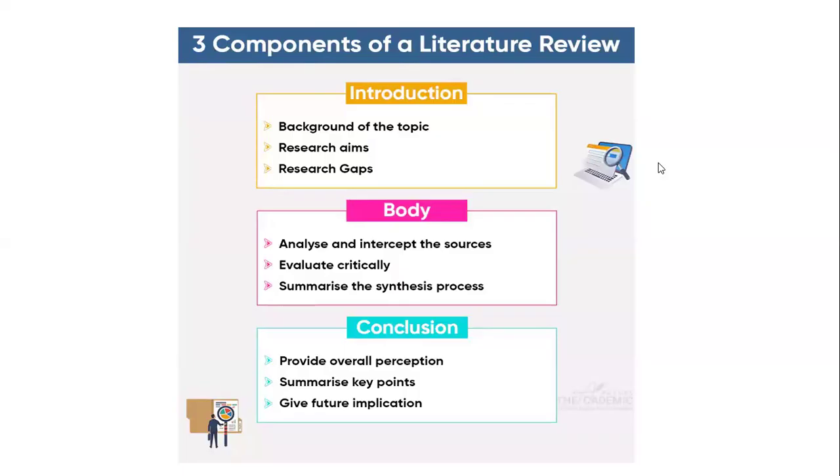And then you will summarize the synthesis process, what you are getting from that. And then the conclusion includes your overall perception. You will provide that in that part, and then you will summarize your key points and give future implications or recommendations as well. These are basically the three components of a literature review.